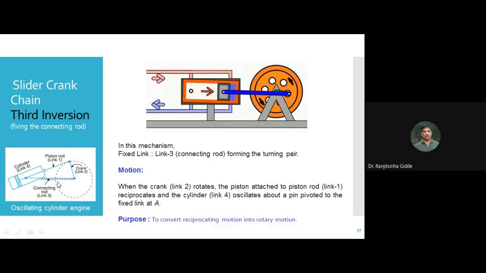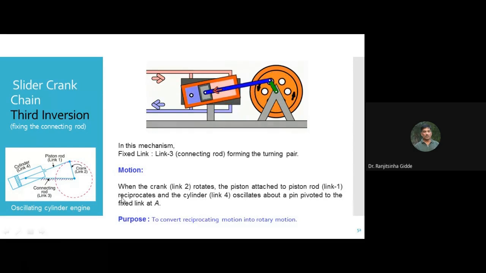Remember, here it is the first turning pair, here it is the second turning pair. So this is the third inversion we get by fixing the connecting rod. This mechanism is used to convert reciprocating motion into rotary motion.